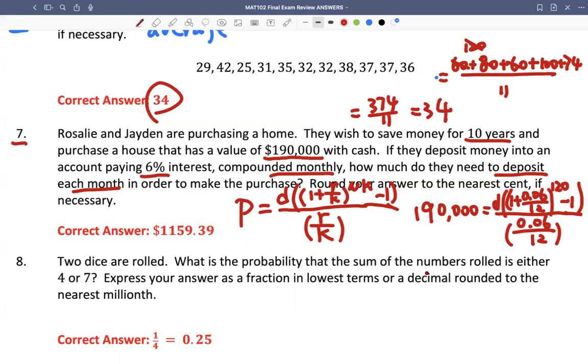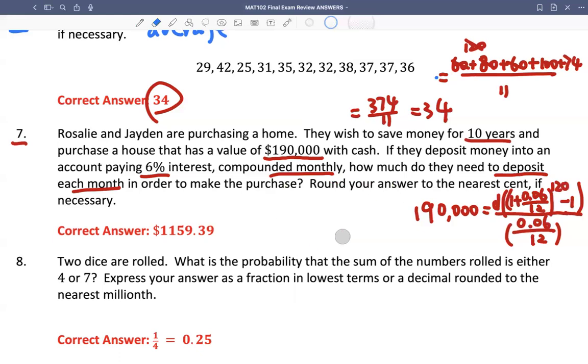So let's calculate. Let's erase the formula now. D basically equals 190,000 divided by this number. So let's calculate this number.